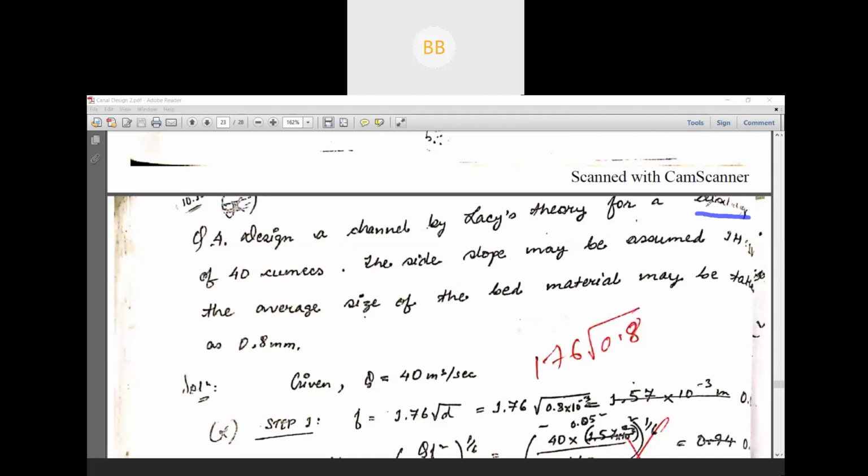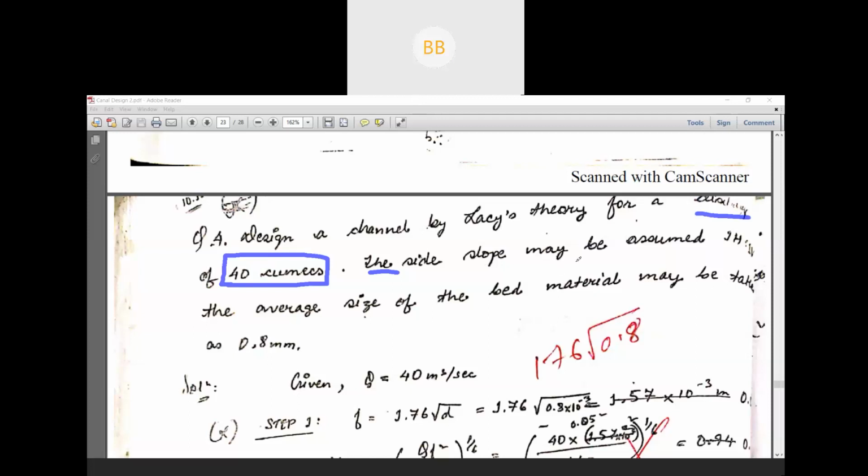Design a channel by Lysis theory for a discharge of 40 cumecs, that is 40 meter cube per second. So write down the question.